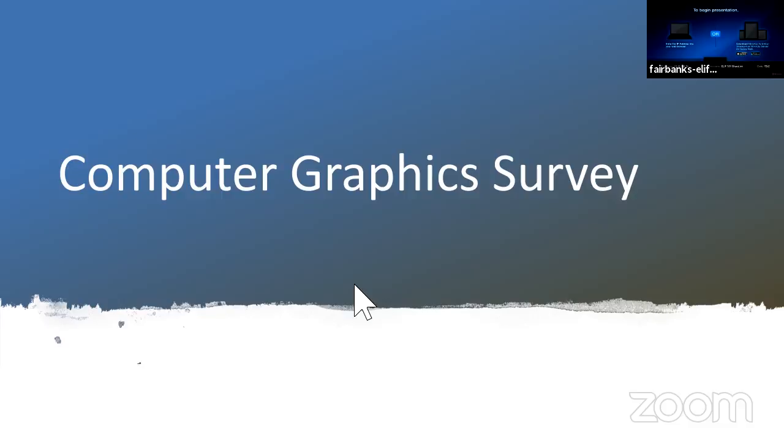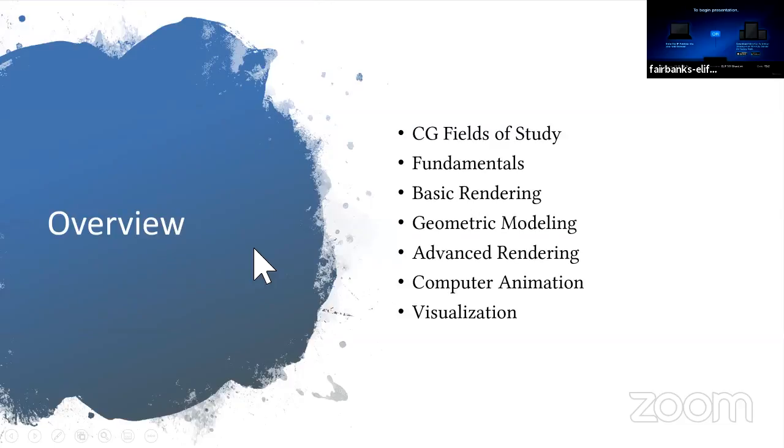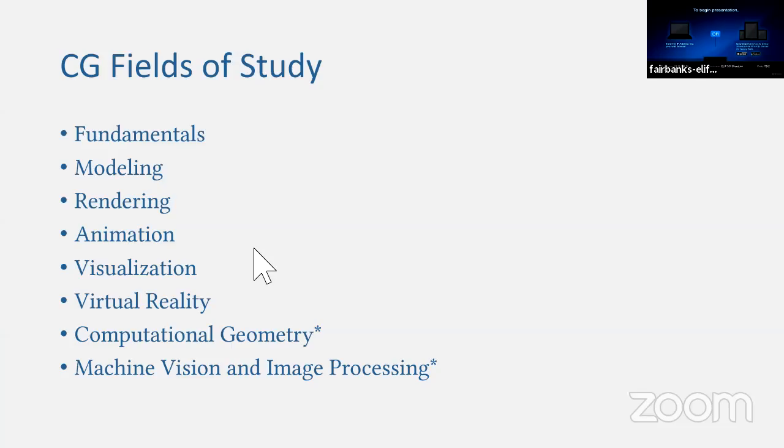Okay, so let's spend a few minutes to talk about a few different areas, so we can look at the different fields of study. One way of breaking that down is, you have your fundamental stuff. This is simple. How do we understand color?